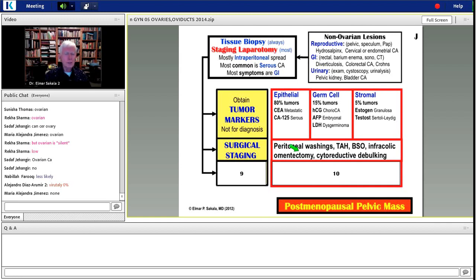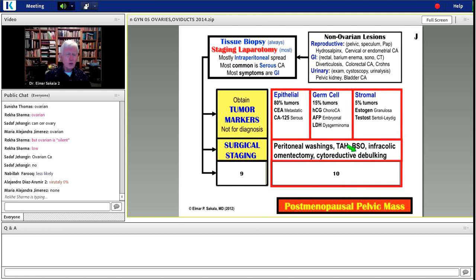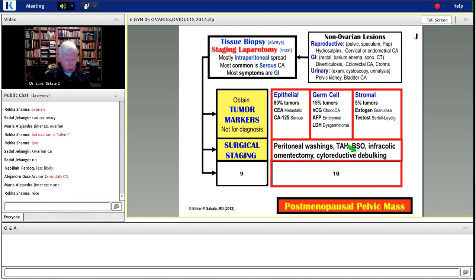We're going to take out as much of the tumor mass as we possibly can. We call this cytoreductive debulking. Cyto, cells, reducing the number of cells by taking as much of the bulk of the tumor out. You'd like to leave no more than 1 centimeter masses.